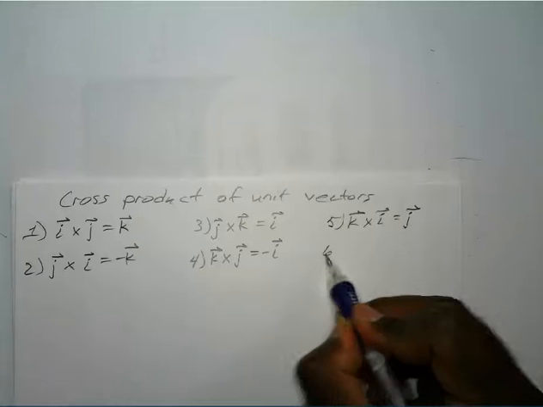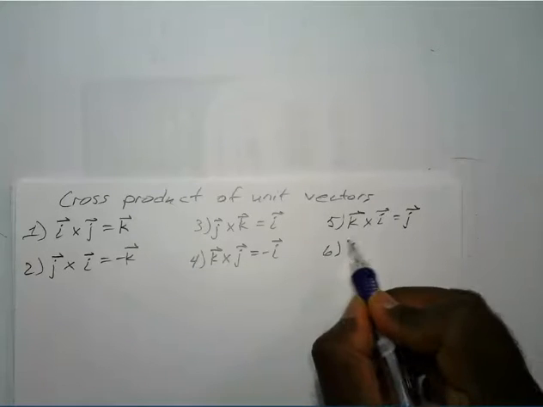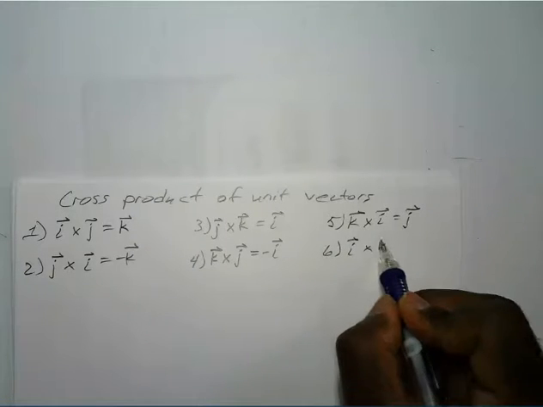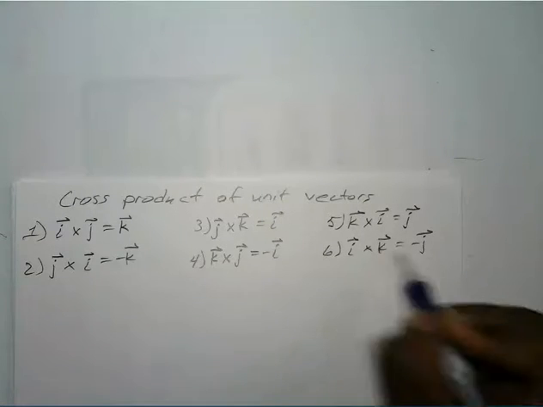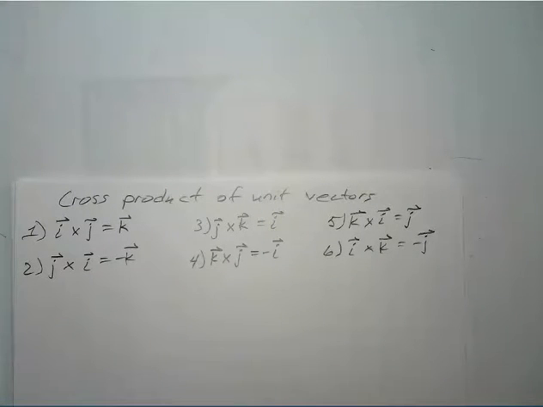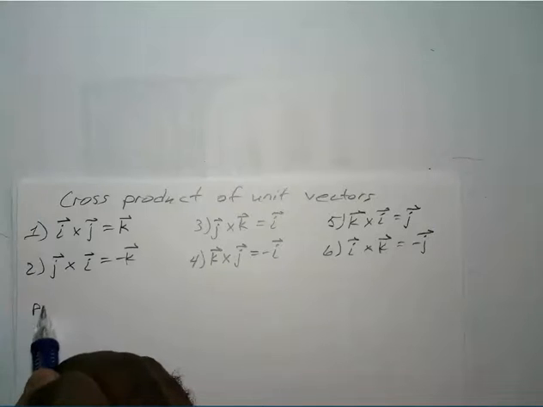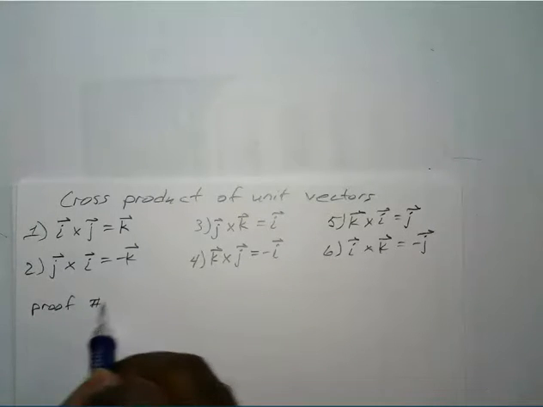So if you flip those around, I and k will give you negative j. All right, so they're pretty quick to prove, so we'll prove number 2. The rest of them are proven pretty much the same way.